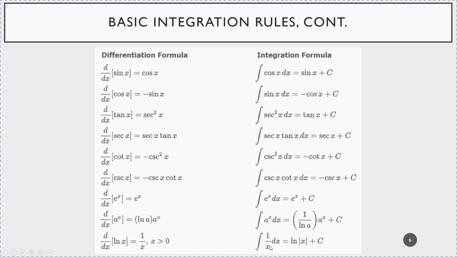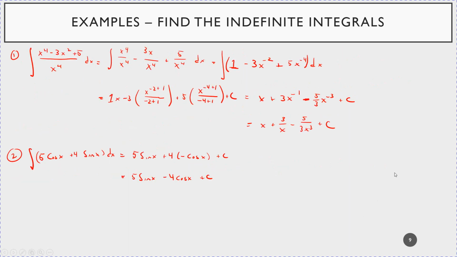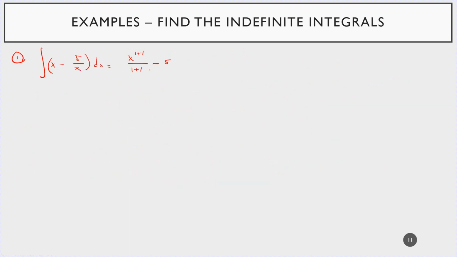Whenever you integrate 1 over x, it's just the natural log of the absolute value of x. You have to write the absolute value, right? Because natural log is not defined for negative numbers. So it's the natural log of the absolute value of x plus c. So whenever you get that 1 over x part here, natural log. So this just ends up being 1/2 x squared minus 5 times the natural log of the absolute value of x plus c.